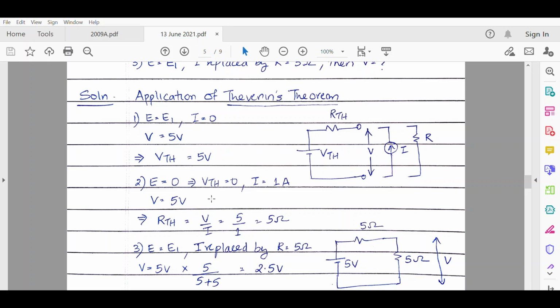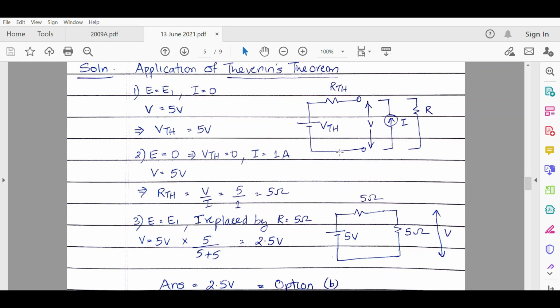So if we set this VTH to 0, the Thevenin resistance would be the only element that would be remaining in this circuit. So the Thevenin resistance would be nothing but the voltage divided by the current. Voltage is 5 volts and the current is 1 ampere, so it would be 5 ohms.